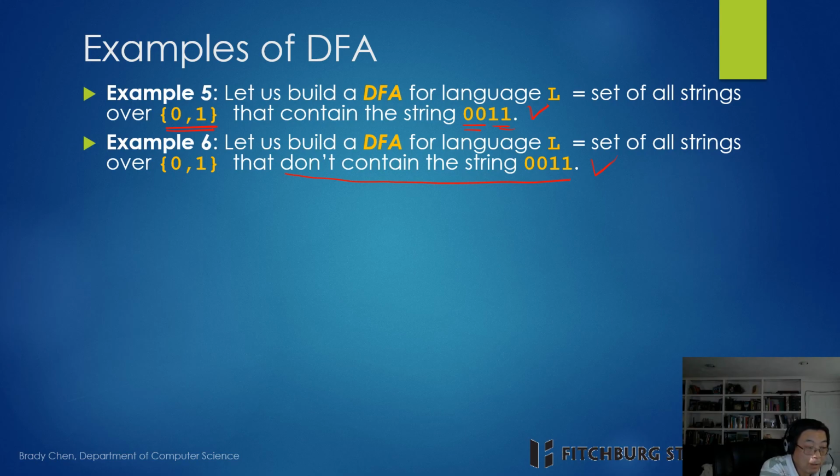Now, let's see how to solve each of the problems, and hopefully we can find an easy way that once we solve example 5, then we can easily find a solution for example 6. Okay, let's actually do this.